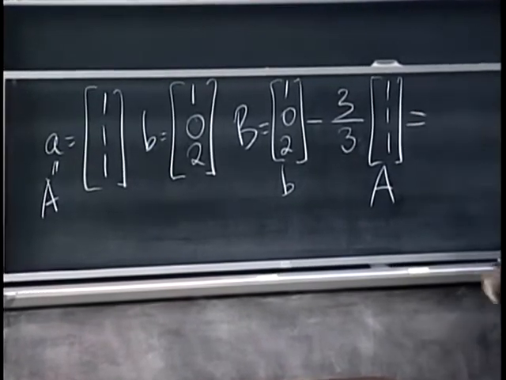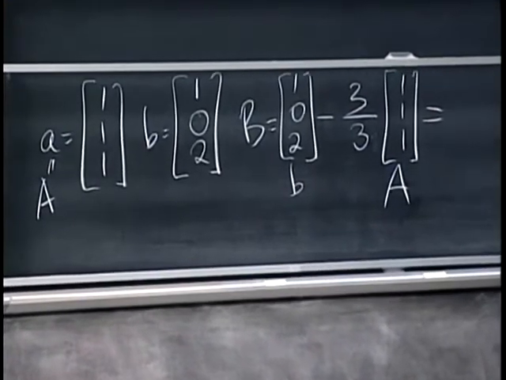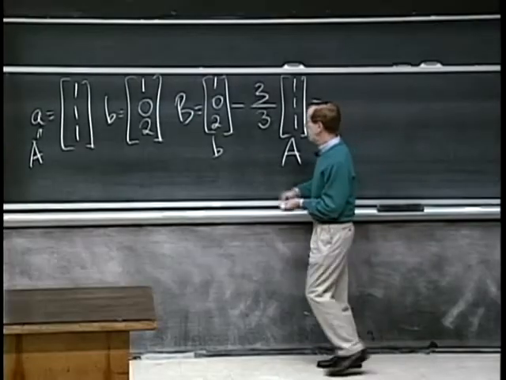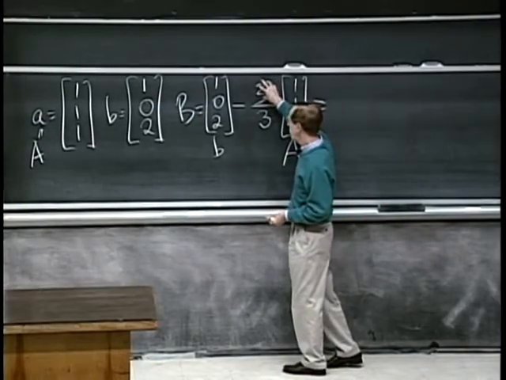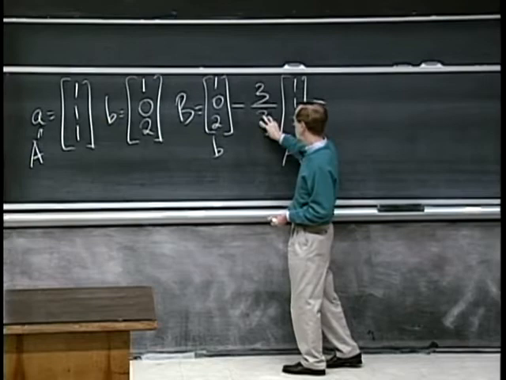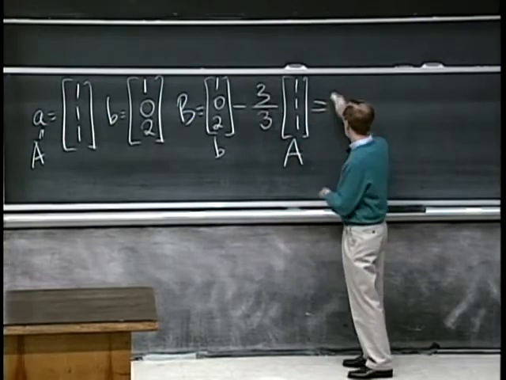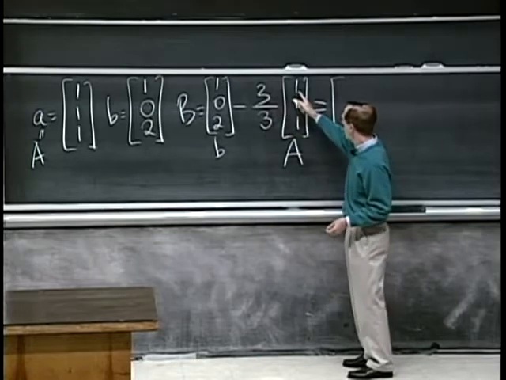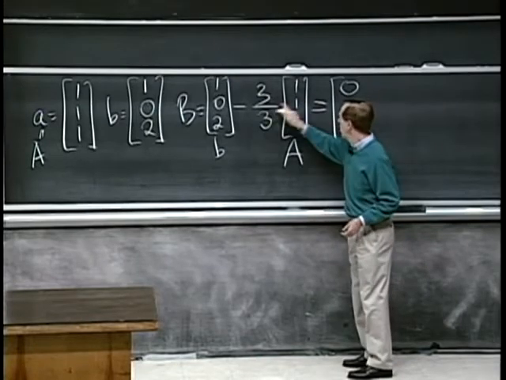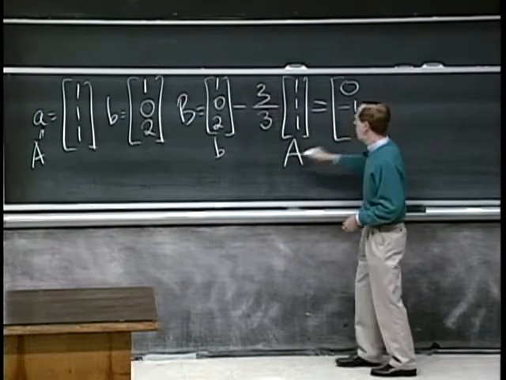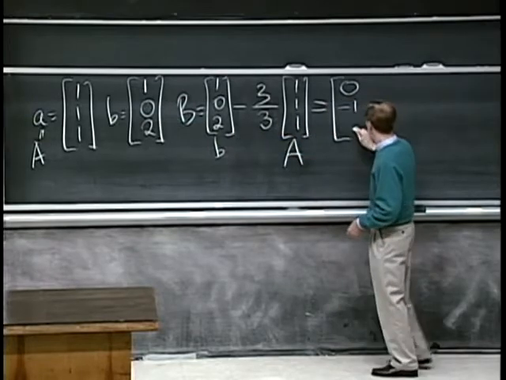Okay, but it happened. So do you see it all right? That's A transpose B, and there's A transpose A. That's the fraction. So I take this away, and I get 1 take away 1 is a 0. 0 minus this 1 is a minus 1. And 2 minus the 1 is a 1.